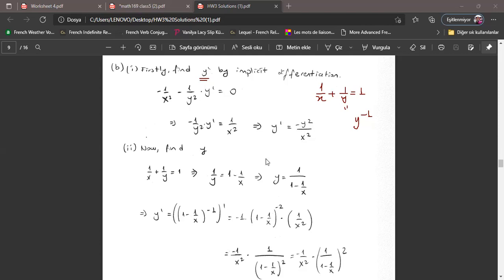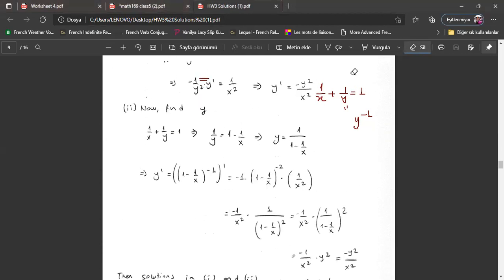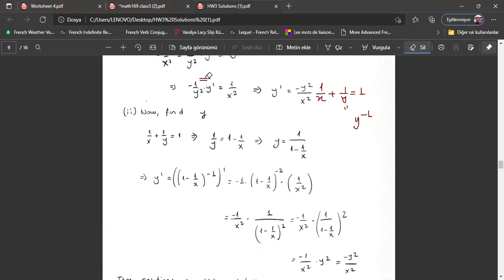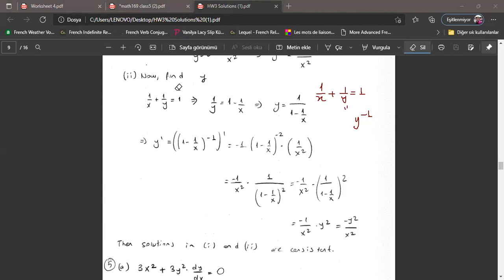Now, in the second part of the question, we first isolate y and then take the derivative again of both sides.